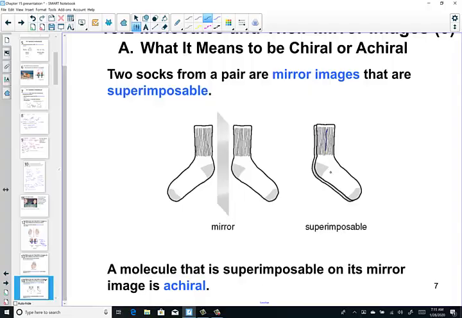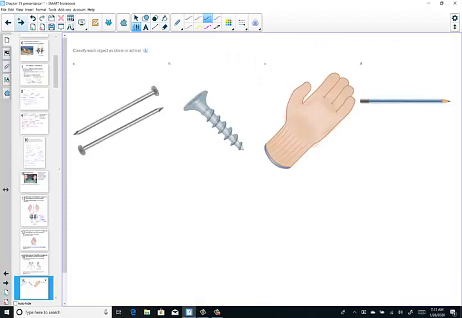Notice that a sock can easily be overlaid on its partner, and since there's no unique attachment, they're said to be achiral. So let's examine some ordinary objects and decide whether they are chiral or achiral. Is there something in a unique attachment that would make it spin light in a unique way?